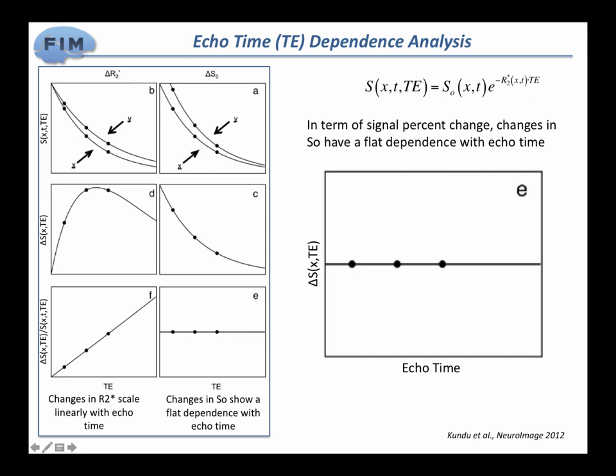And in terms of signal percent change, what we get is a flat line. So basically, BOLD-like fluctuations have a linear dependence on echo time, and non-BOLD fluctuations don't show that linear dependence. And this is the key to everything else that I'm going to show moving forward. Does this make sense? Okay.